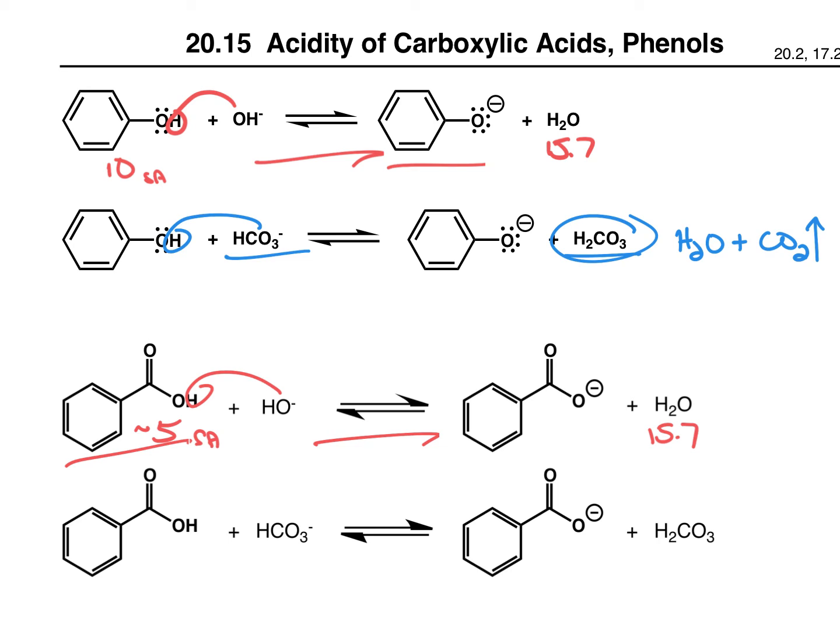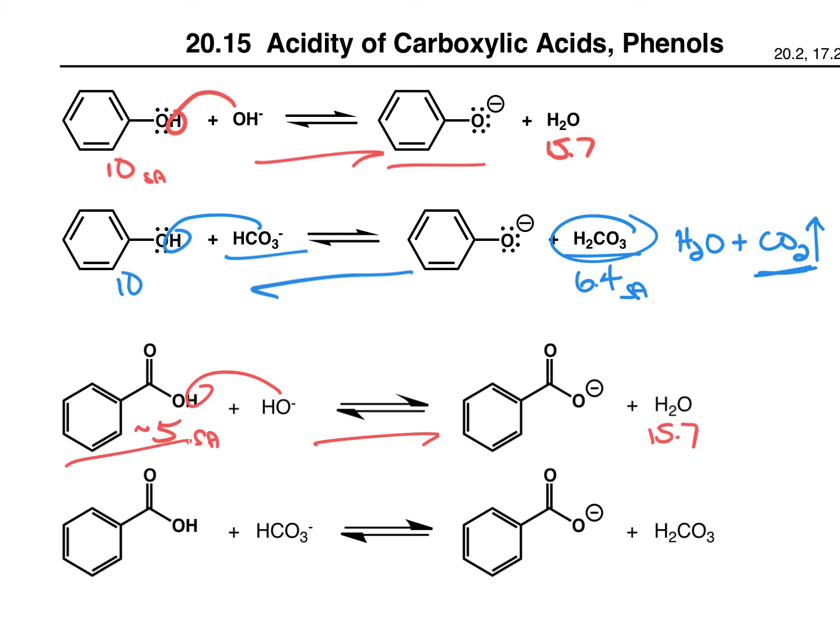So you can often test for an acid by looking for the formation of carbon dioxide bubbles. All right, so with phenol, pKa of 10 compared to hydrogen carbonate, which has a pKa of 6.4, this is a stronger acid and equilibrium then lies to the left.